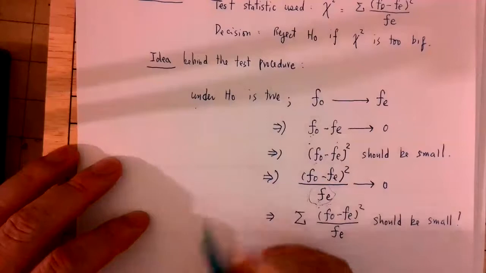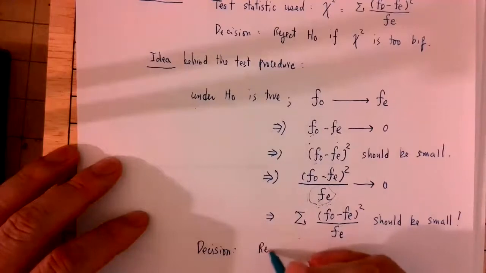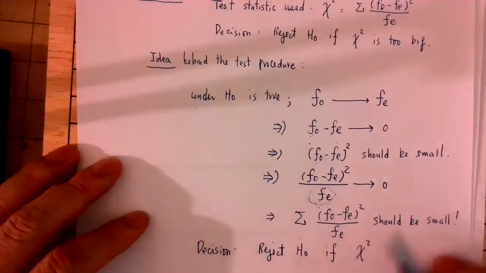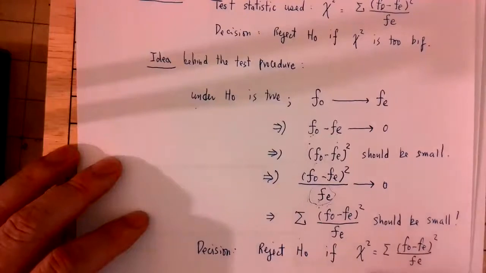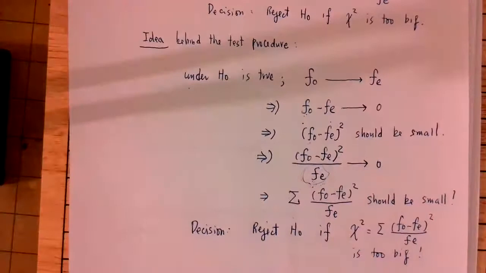So that's why your decision is to reject H0 if the calculated chi-square value is too big. That is the idea behind the test procedure.